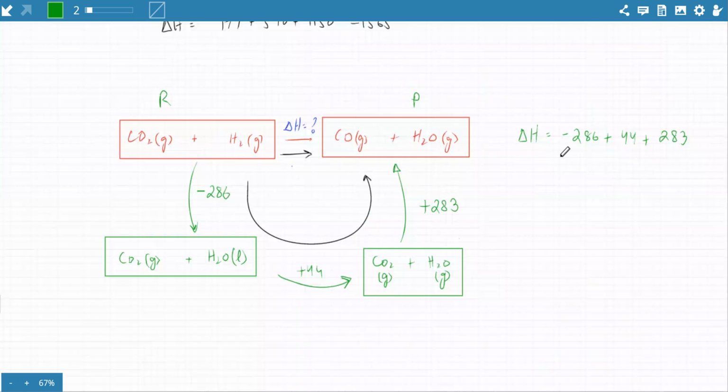Tell me what the value is. 41. Okay, so the value for this one is 41 kilojoules. Okay, next one.